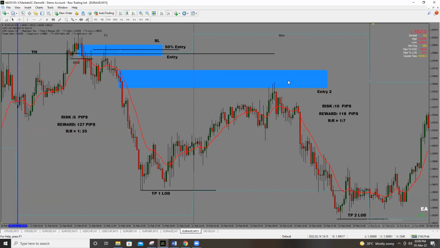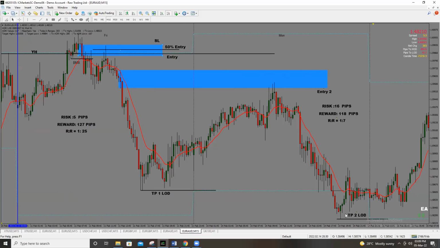Now, with the second trade, the 50% will not actually really work. Sometimes it works, but it's not very common. So with the second entry, you actually want to take the optimal. So have your second entry at the low if you're selling, or at the high if you're buying for the second trade. So here you'll be risking 16 pips.